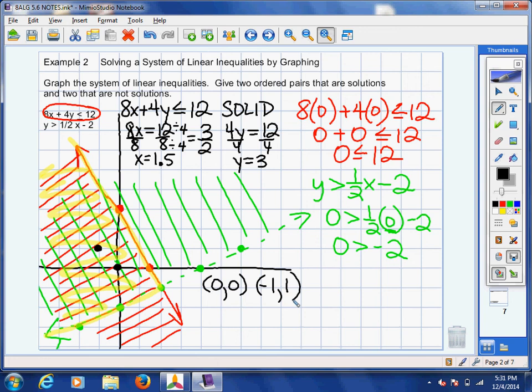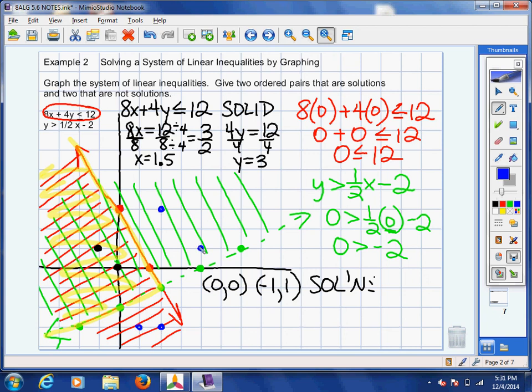Now, the other thing that they asked us, these are solutions, they asked us to find two that are not solutions. So pick any points that are not in that double crosshatch area that I've highlighted yellow. Go anywhere you want, okay? I'm going to change to blue to kind of show this. That's not in the double crosshatch area, neither is this, neither is this, neither is this.